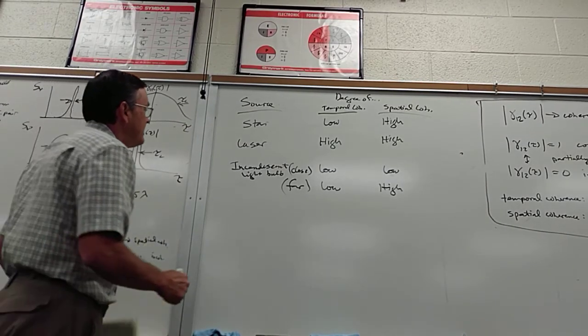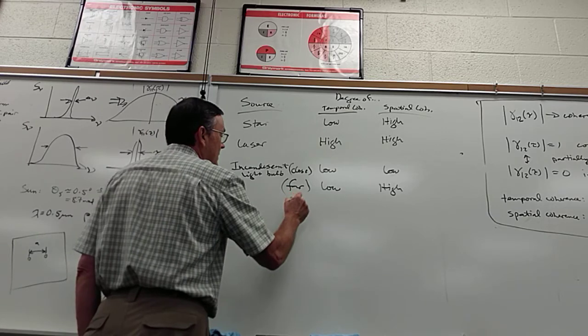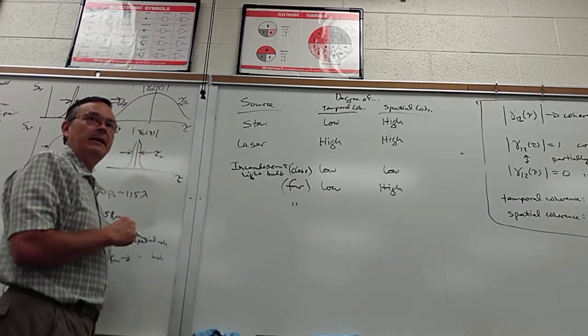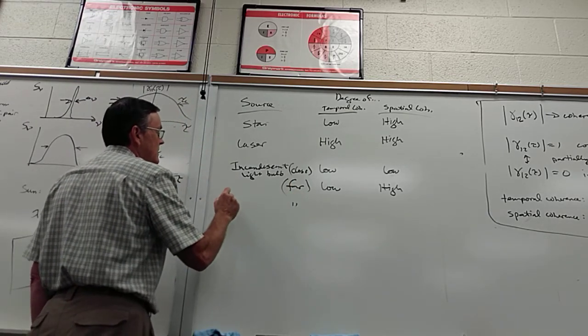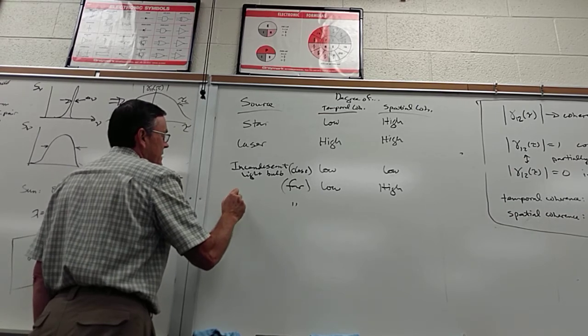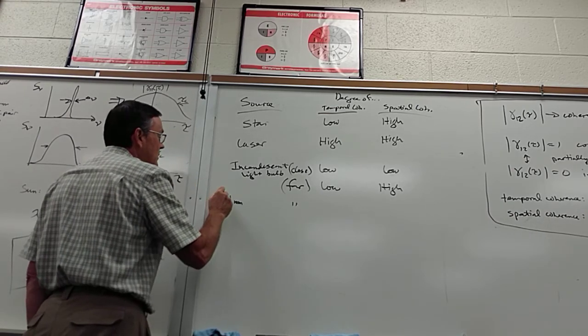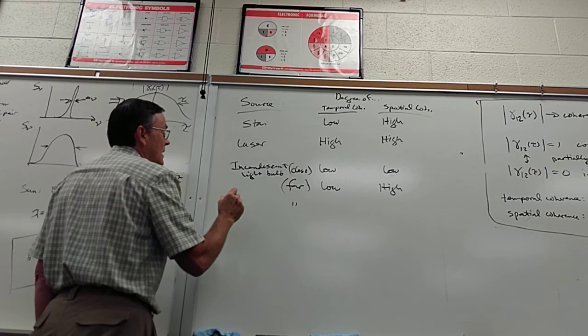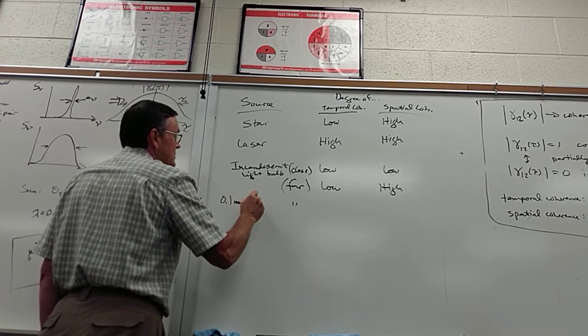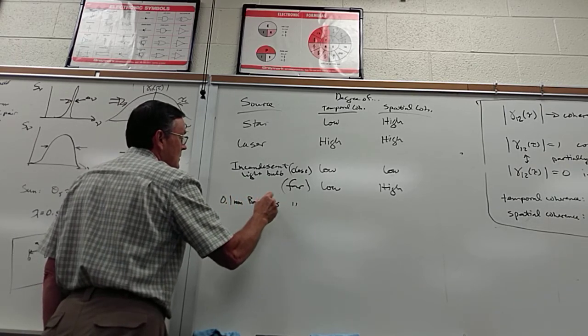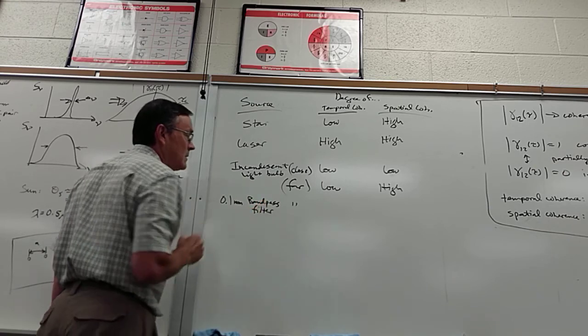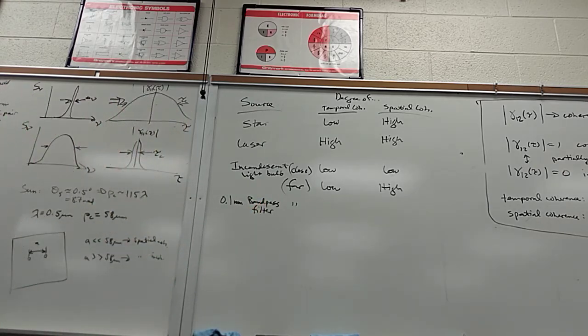Okay, now what if I take this incandescent bulb, I'm far away, and I pass it through a 1 nanometer bandwidth or a 0.1 nanometer bandwidth bandpass filter. Then what's the degree of temporal coherence?